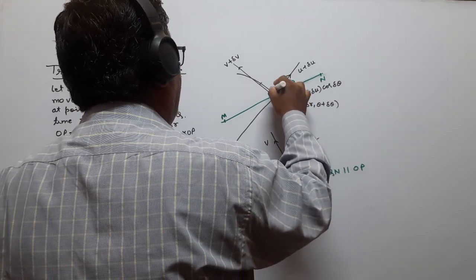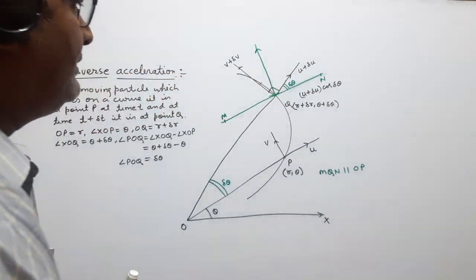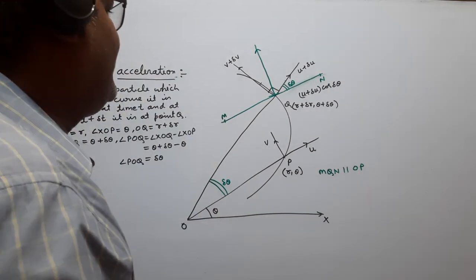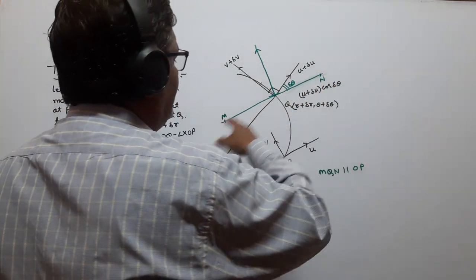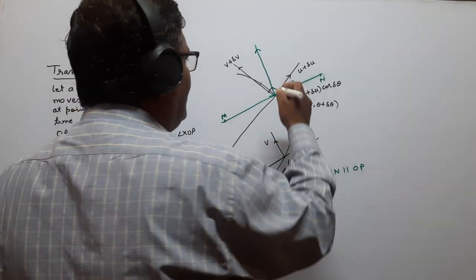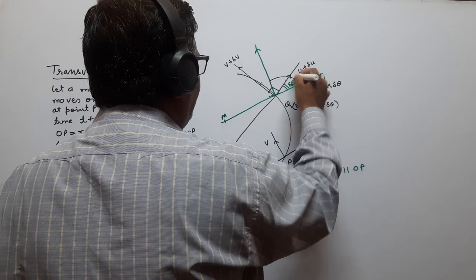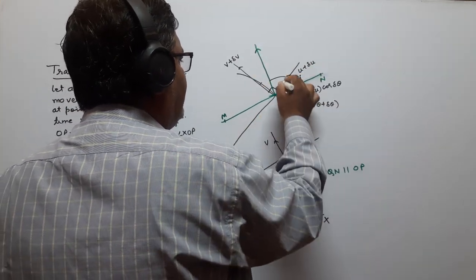So we find here this is the vertical component of u plus del u which is perpendicular to the MQN. So this angle is 90 degree because this is perpendicular to MQN, and this is del theta.